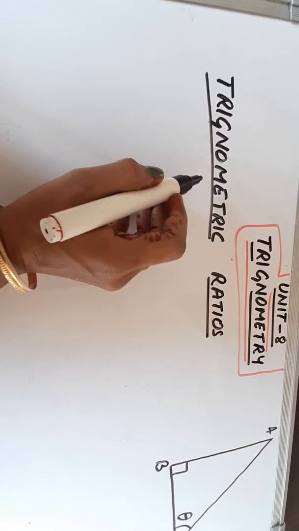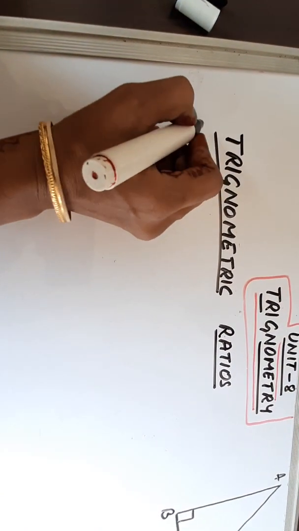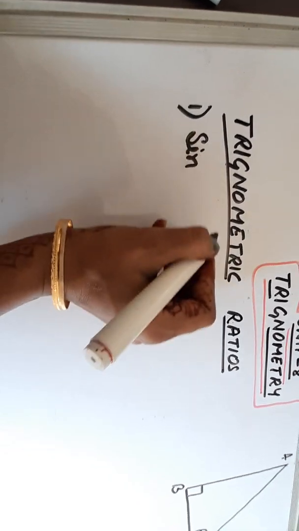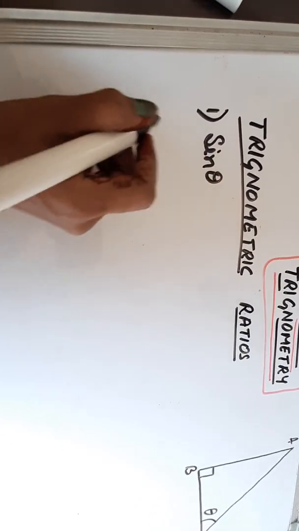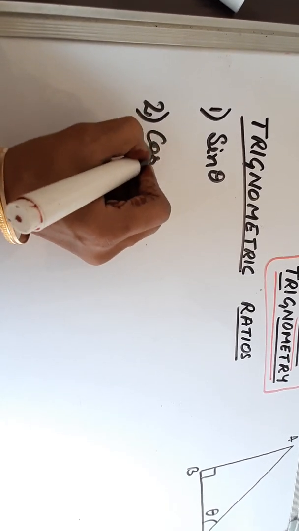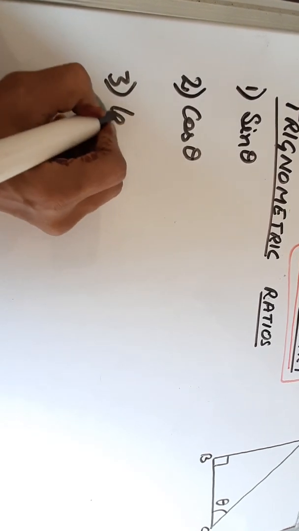Now dear students, I'll tell you about the trigonometric ratios. We have 6 trigonometric ratios, and the very first is sine theta. The second is cos theta. The third is tan theta.